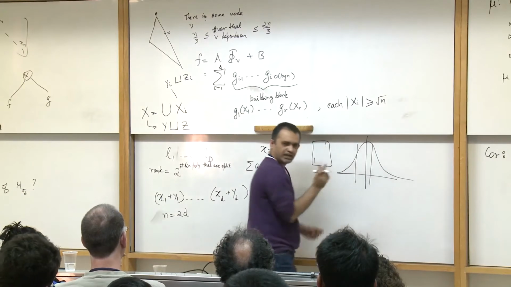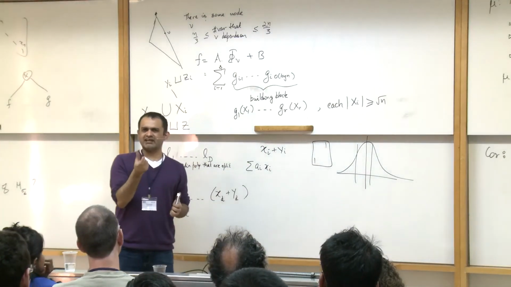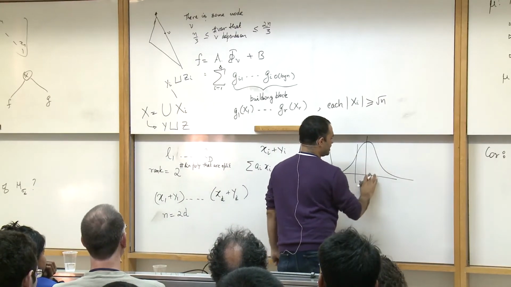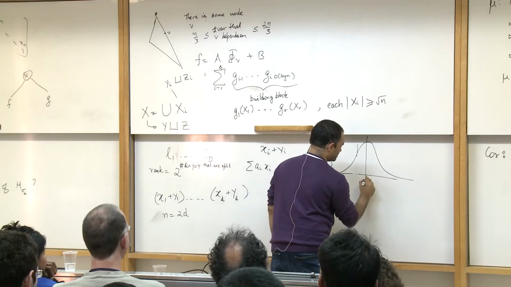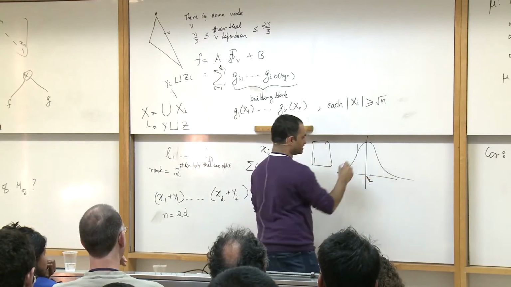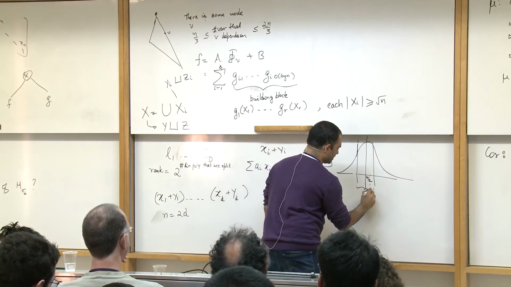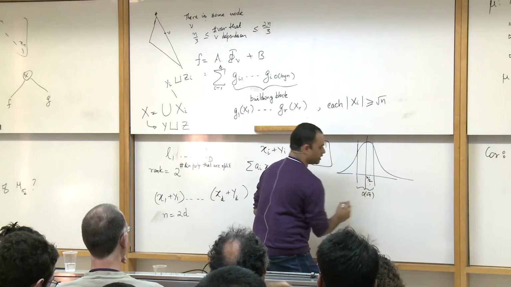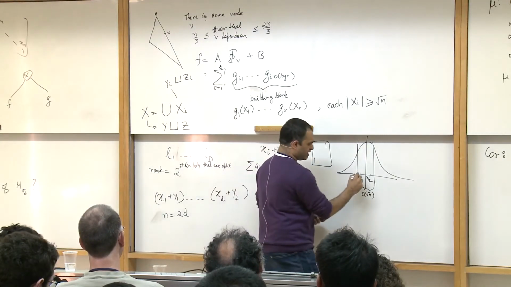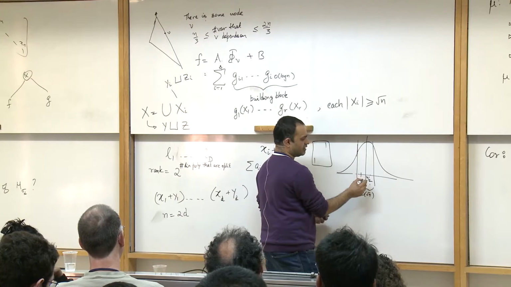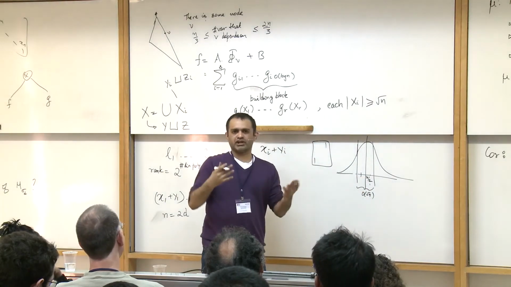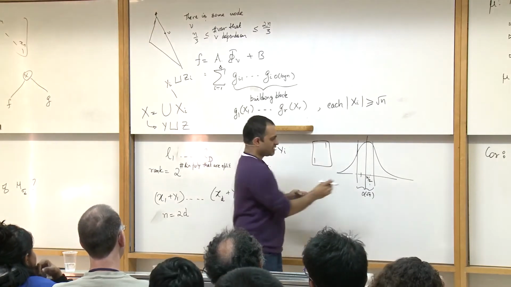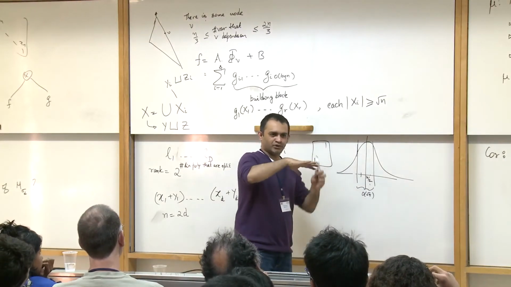But if you look very close to the expectation, the probabilities are not going to be that different. So what I'm trying to claim is that if I toss n coins, and this is like n over 2, then with very, very high probability I'm going to fall within a range of order square root n of n over 2. But even the probability that I take the value, let's say, n over 2 minus fourth root of n or something, is still going to be large enough. Right? In some sense, around this band, you're going to be more or less equal.